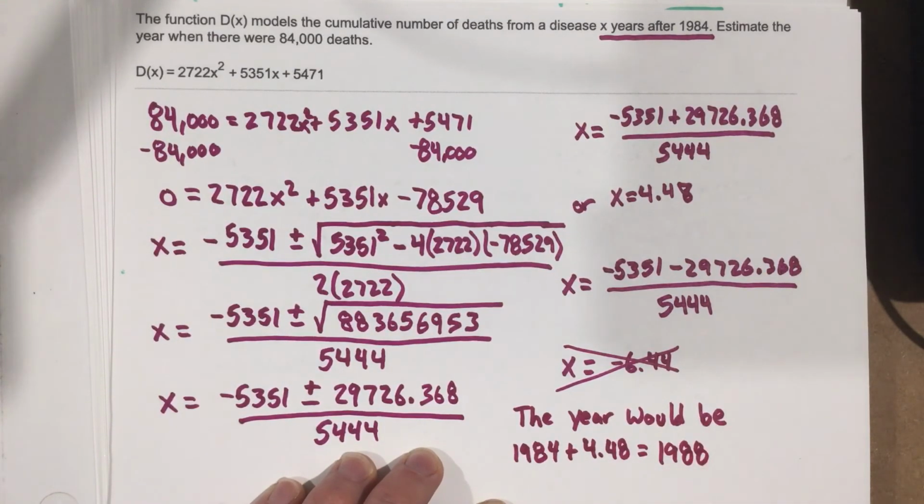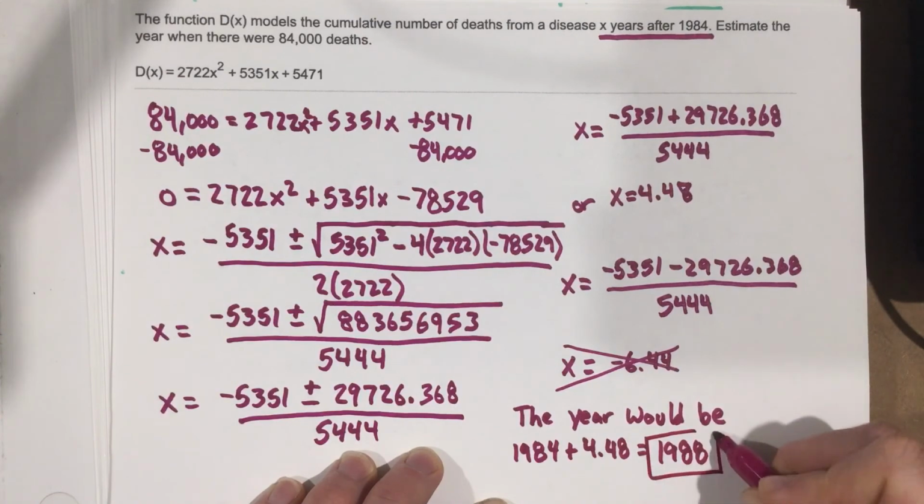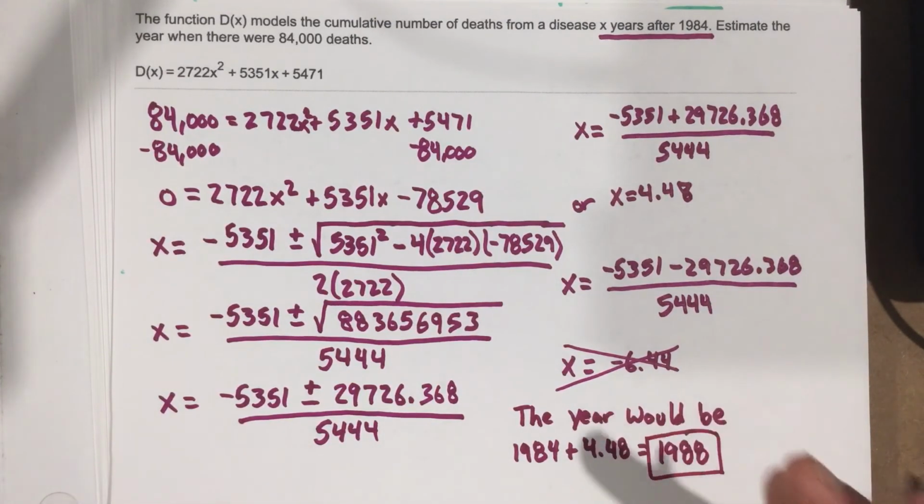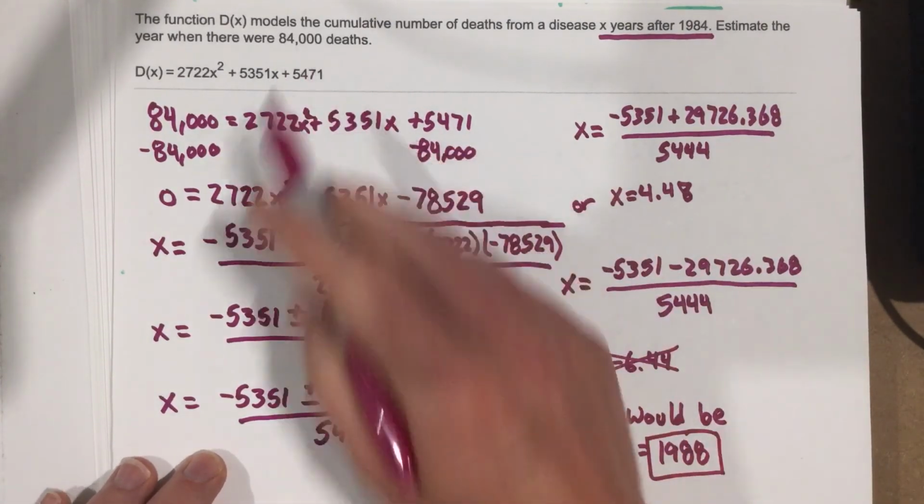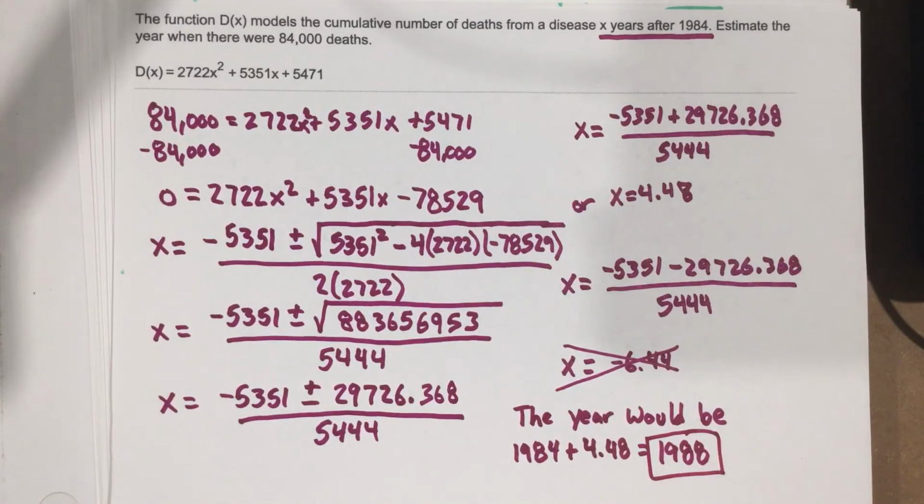That puts us in the year 1988. So somewhere in the middle of 1988, that's when we reach 84,000 deaths. So essentially we can ignore the 0.48 and just say the year would be 1988, because you're not going to say 1988.48. That's still considered to be in the year 1988. Hopefully that makes some sense.